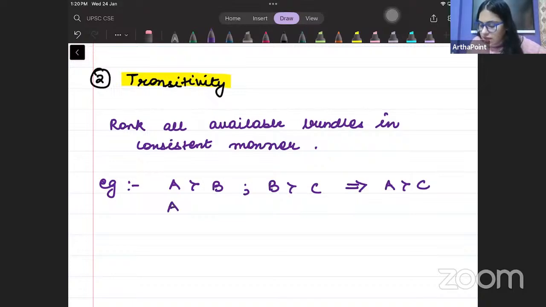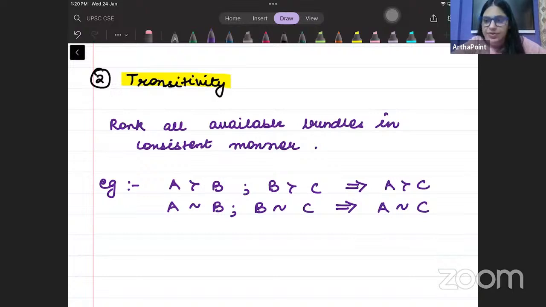If I am saying I am indifferent between A B, indifferent between B C, I should be indifferent between A and C. When this happens, then we have transitivity. Right, beta? So consistency in ranking bundles. Bundle को consistently rank करो. That is called transitivity.